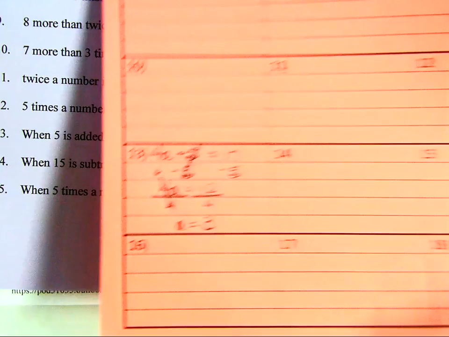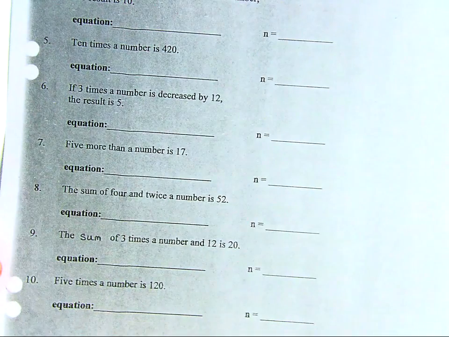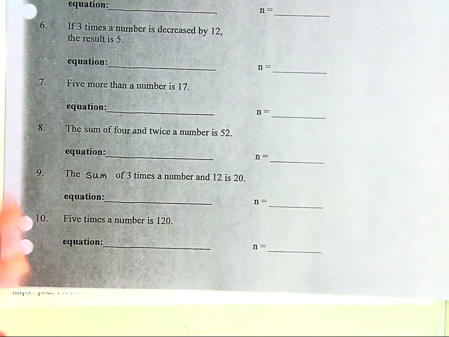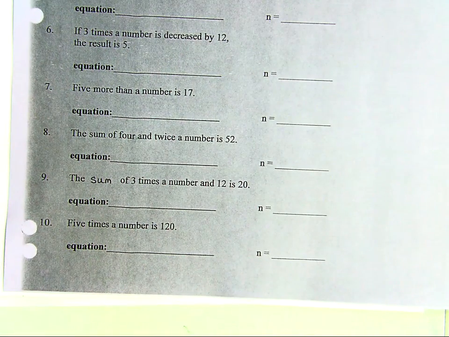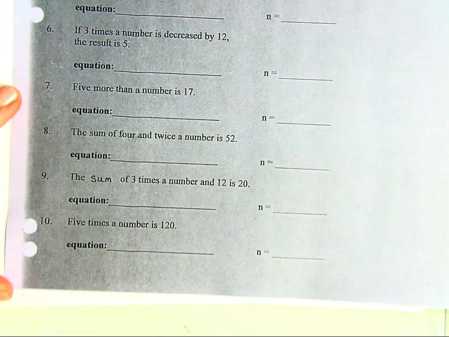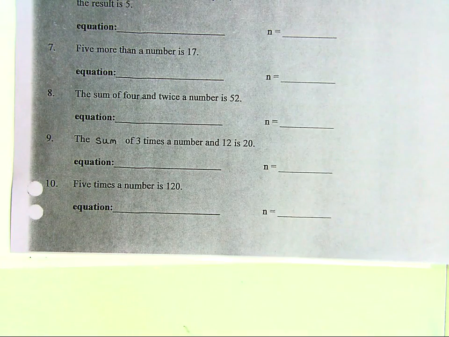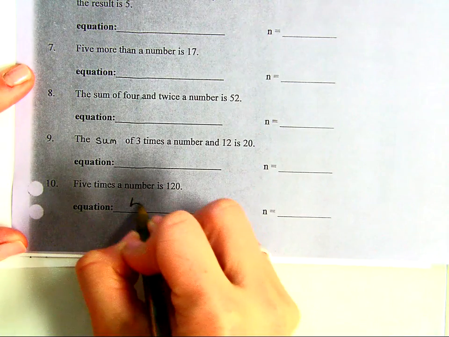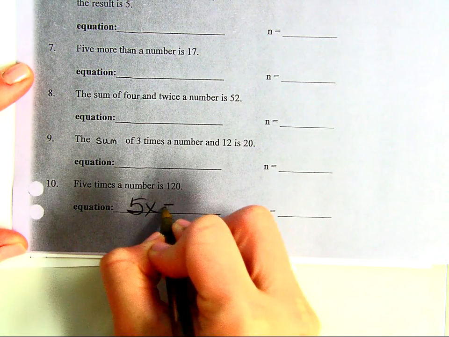Okay. So I would like you to flip that over. It's a horrible copy that I had to make from a colored copy. So skip down to 10. So 5 times a number is 120. 5 times a number. Yep, 5x. 5x, 5a is 120.